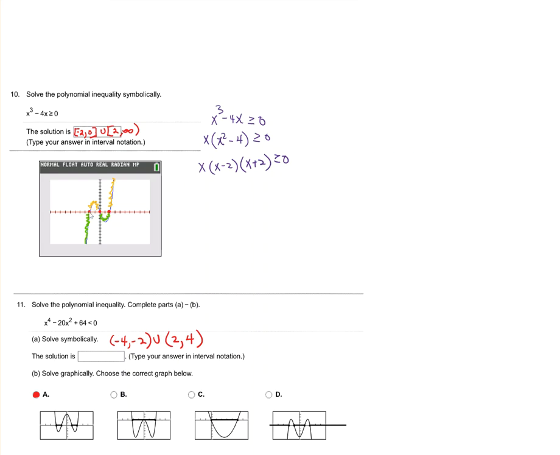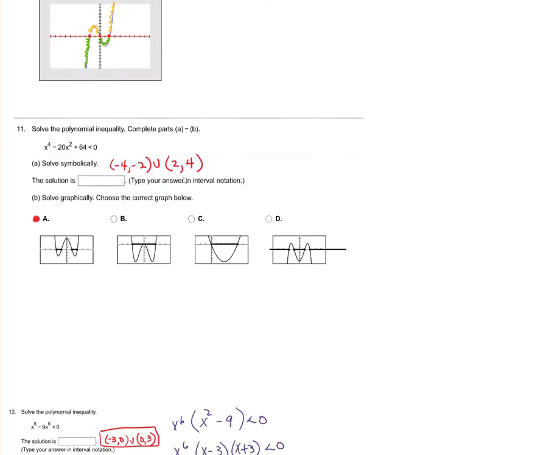You've got -2, 0, and 2 as x-intercepts. Where is this greater than or equal to 0? It's from here, from -2 to 0 in brackets, because we got the equals, or from 2 in bracket to infinity. So I find that doing it on the calculator is really just a great way to solve that.